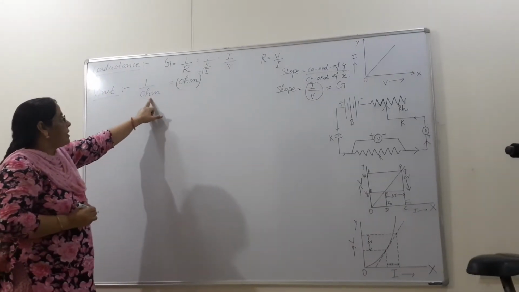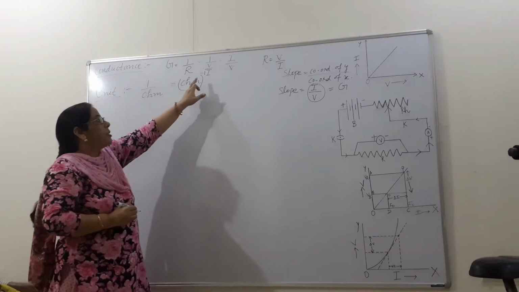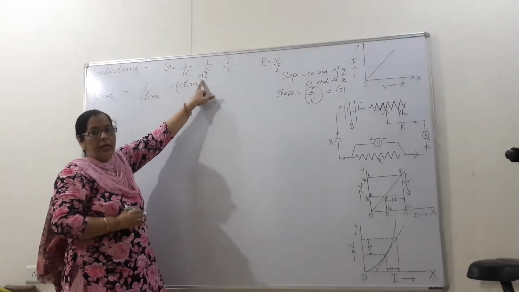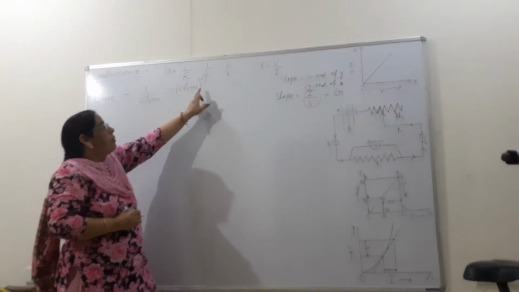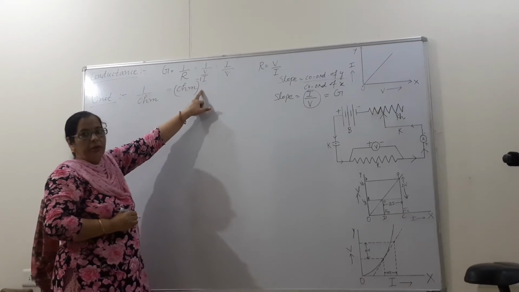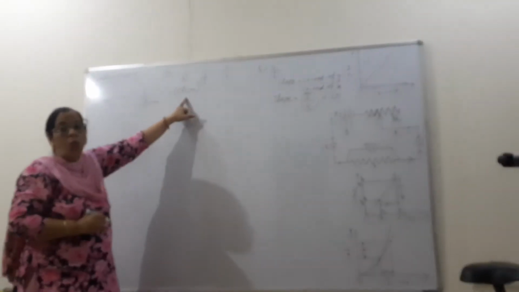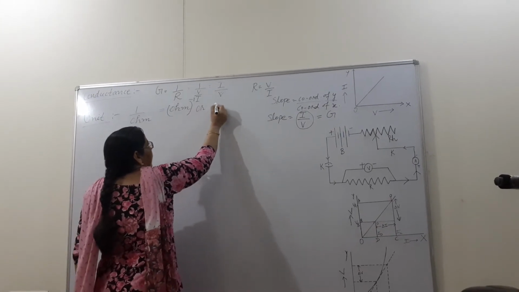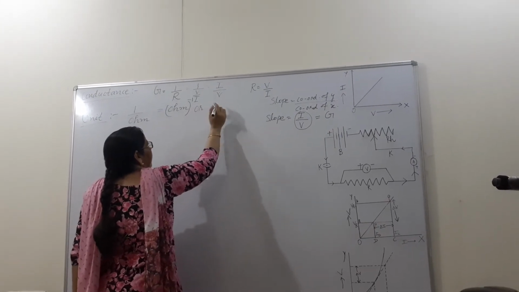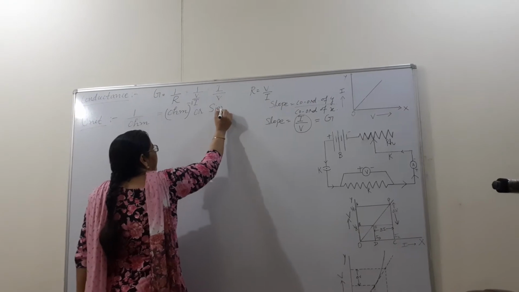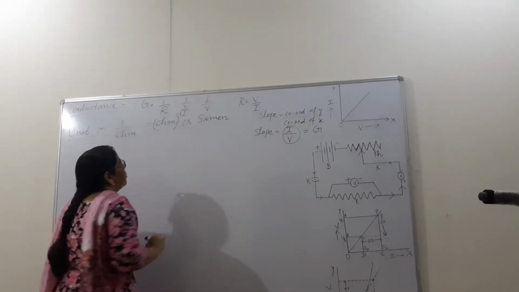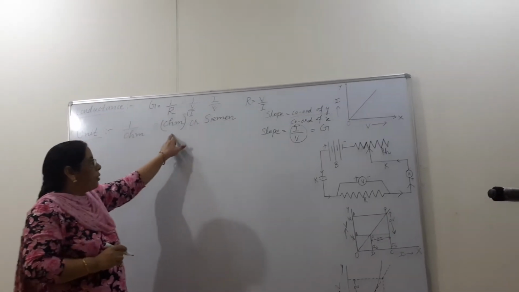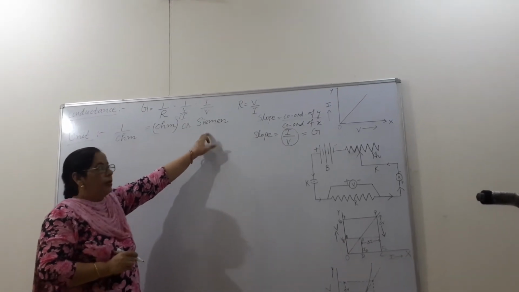If we take this ohm in the numerator, its power will become -1. We will read it as per ohm. Its second unit is siemens, per ohm or siemens.